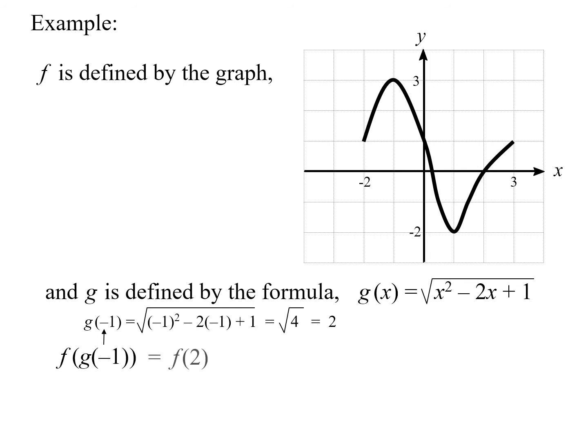So we have f of 2, and we look at the graph and find 2 on the x-axis, and the y value there is 0. So f of 2 is 0.